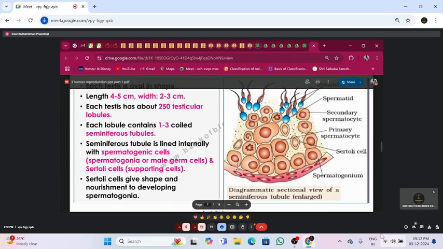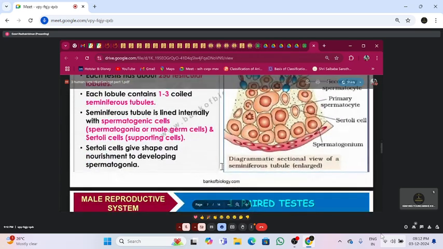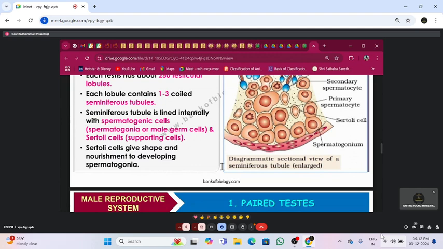We saw the tubules, right? Here, see, the seminiferous tubules in this. The seminiferous tubule is lined internally with spermatogenic cells, the spermatogonia or male germ cells, and Sertoli cells.